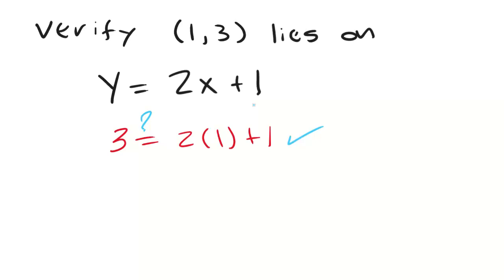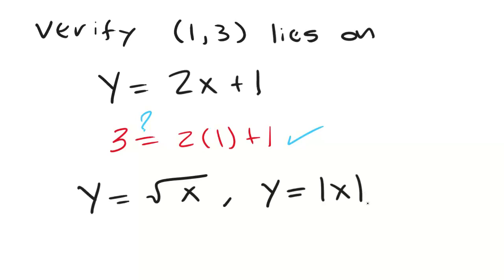So that's going to be it. Try plotting something like the square root of x. What does that look like? Try also y equals the absolute value of x. What does that look like in the x-y plane? And then maybe try also y equals x cubed.